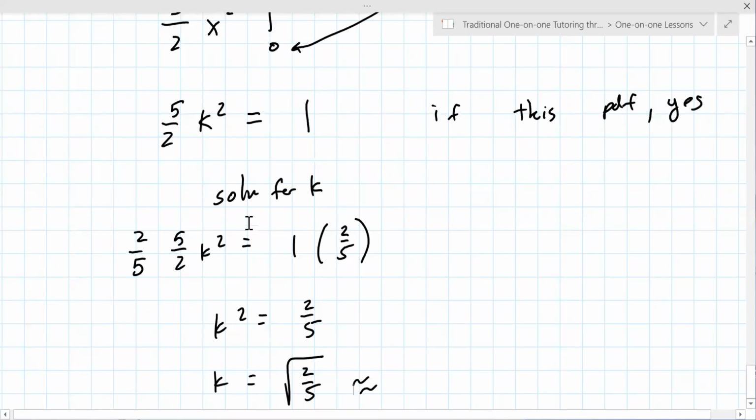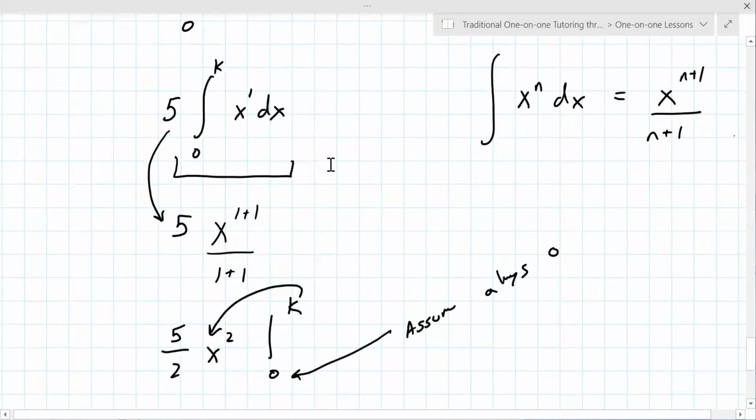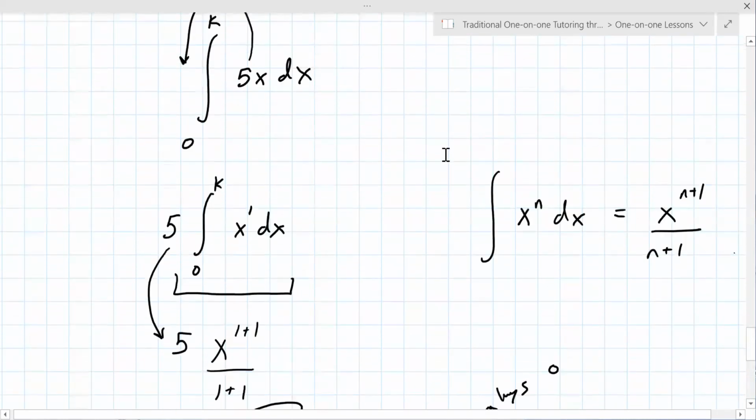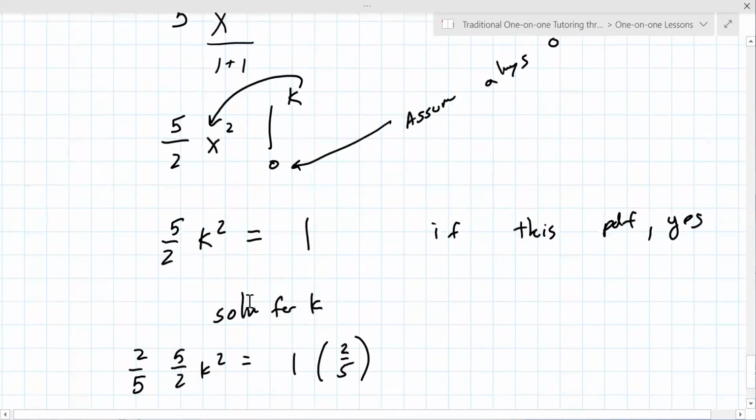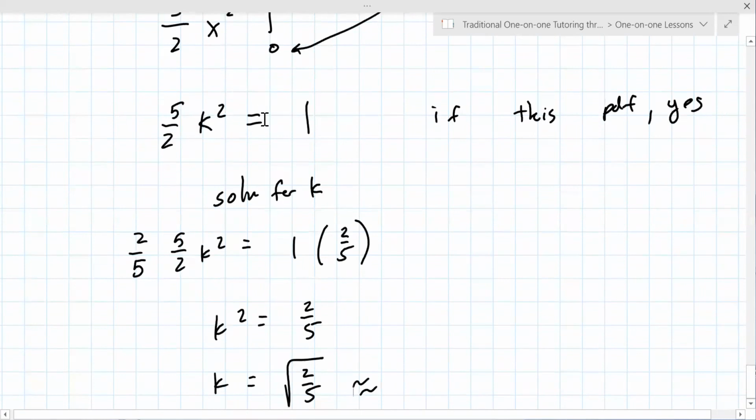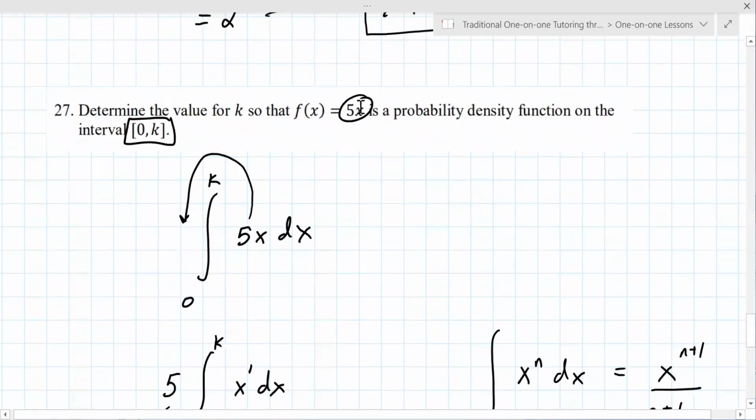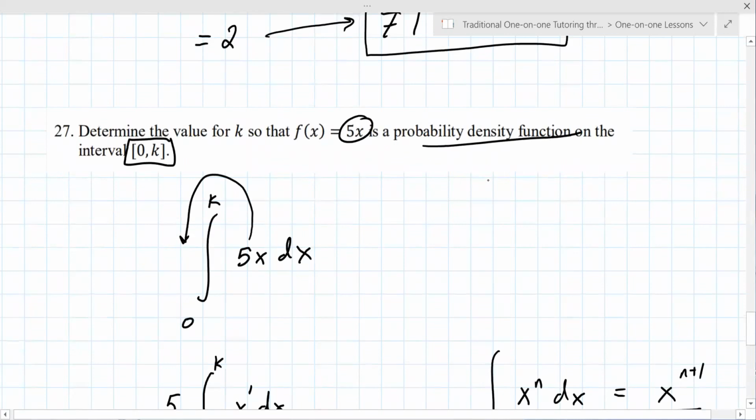So to be totally clear here, you use the calculus, which is only one step, to come up with an equation that you're always setting equal to 1 because it's a probability density function. Like this thing equals 1 from the beginning. You just can't use it until you get to that place where you can put k in. Okay, I see.